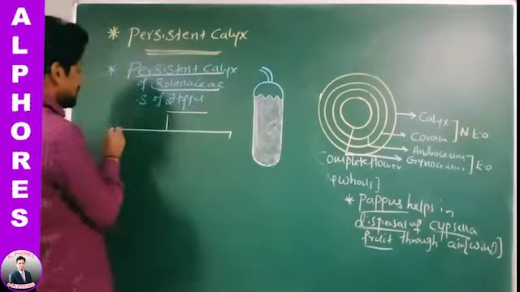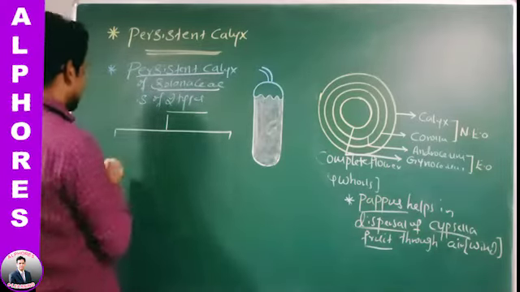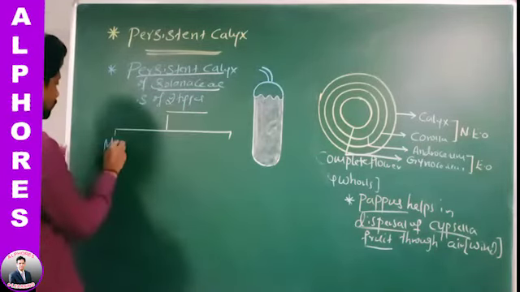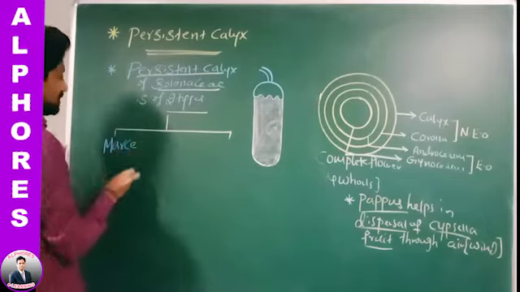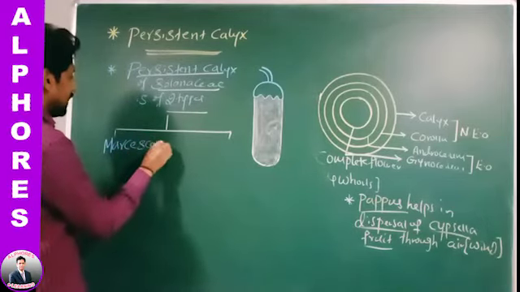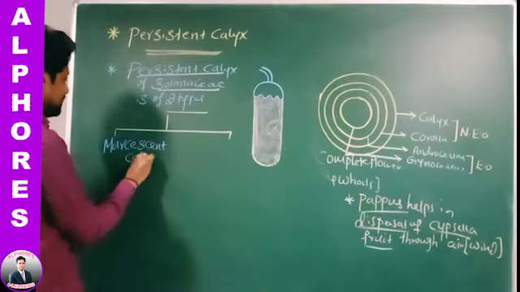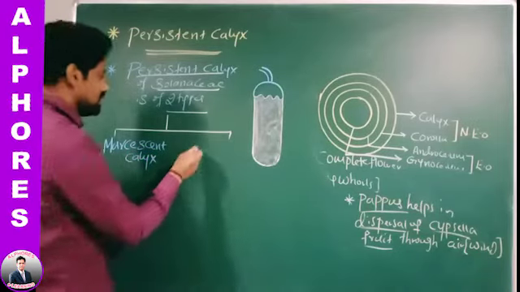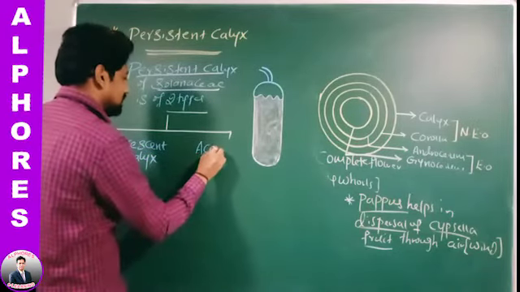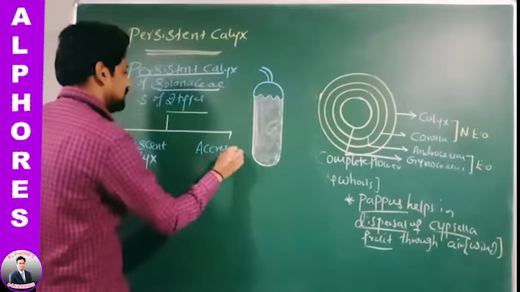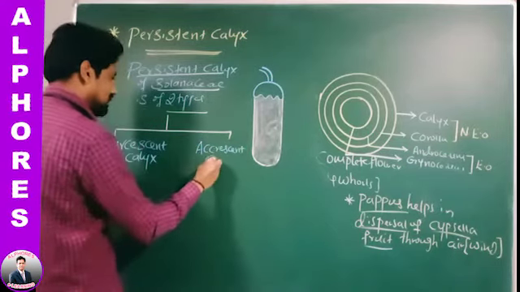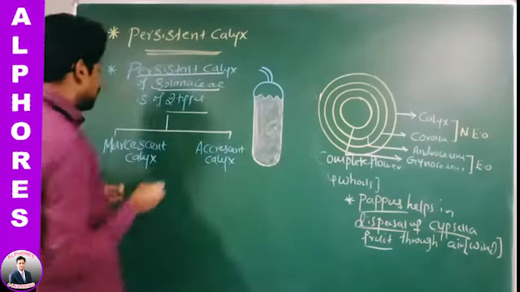First one is the marcescent calyx. Second one is the accrescent calyx. Go for the first one.